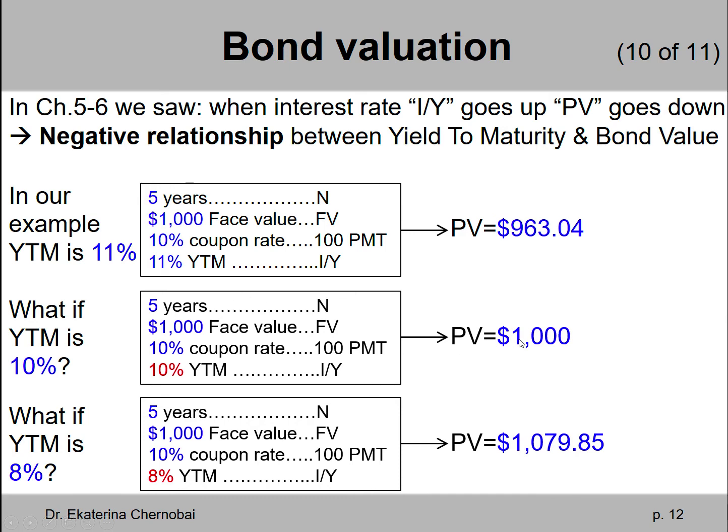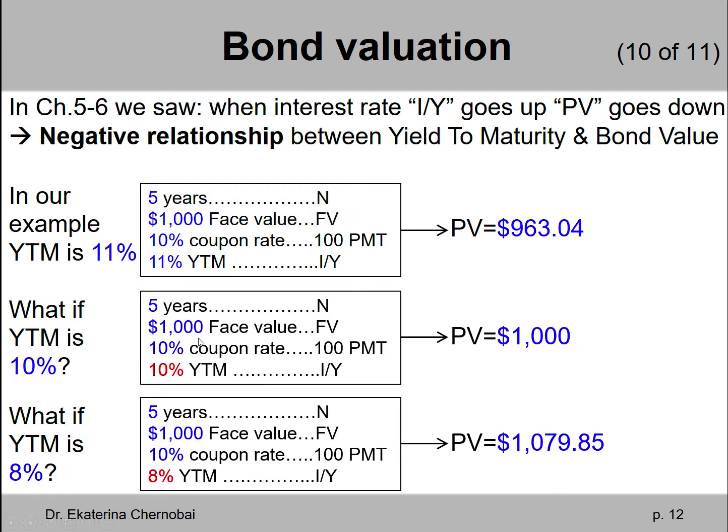Now notice how in the second example on the slide with the 10% yield to maturity, the bond value became exactly $1,000. Is it a coincidence? No. Turns out that whenever the coupon rate and the yield to maturity are identical, right?